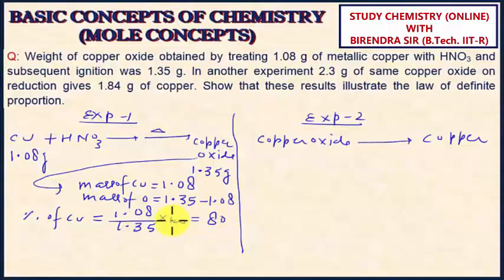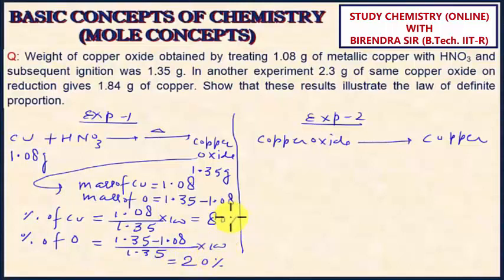If you solve, this comes 80%. Now, the percentage of oxygen will be 1.35 minus 1.08 upon 1.35 into 100. This comes 20%. So, in copper oxide, we are getting 80% copper and 20% oxygen with the help of experiment 1.